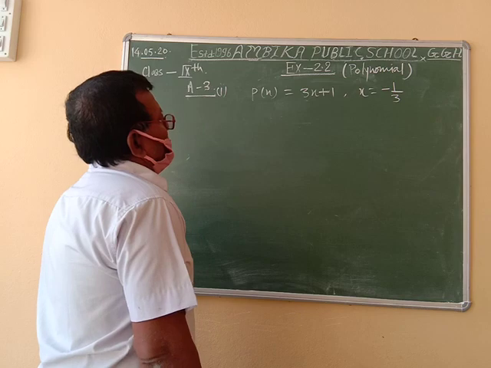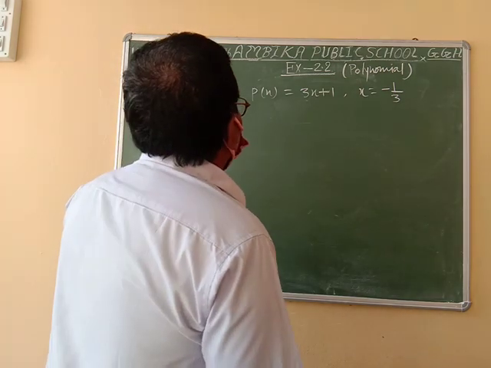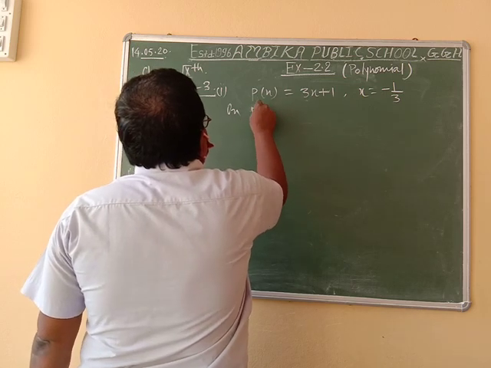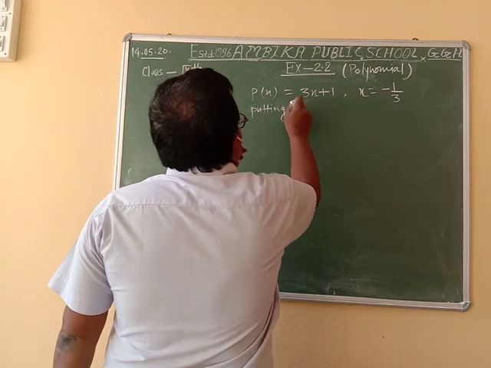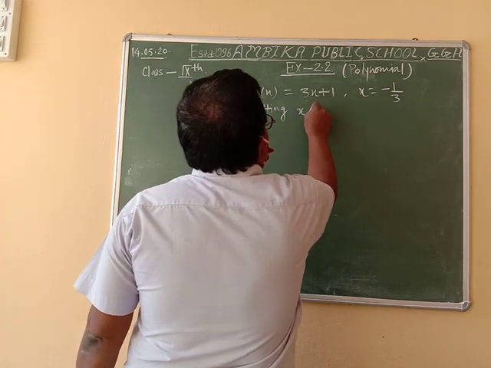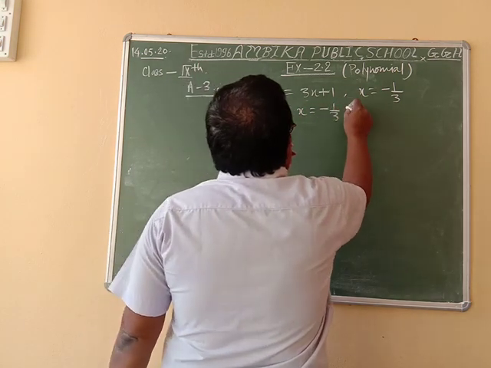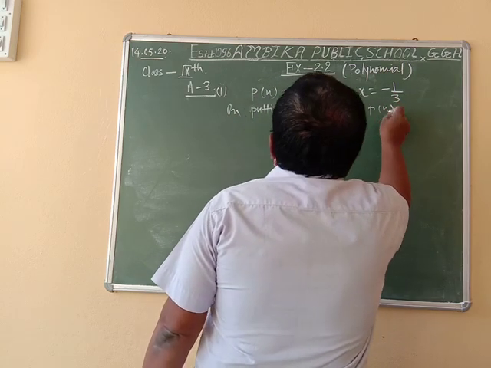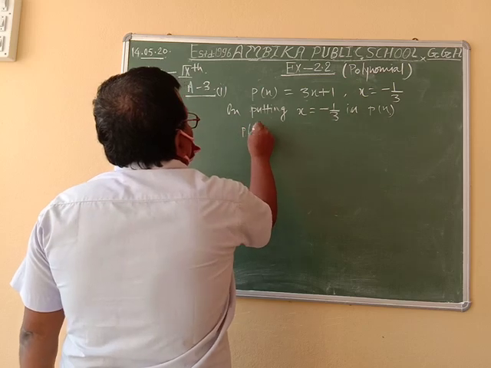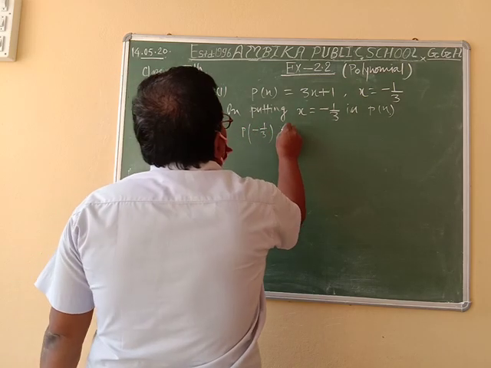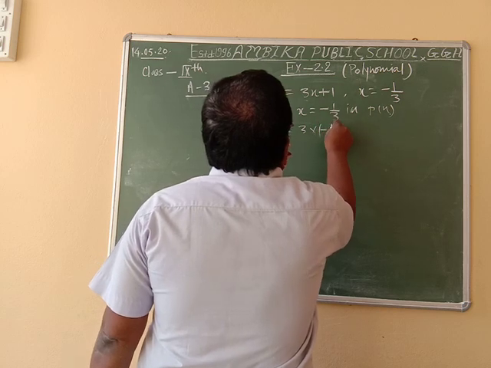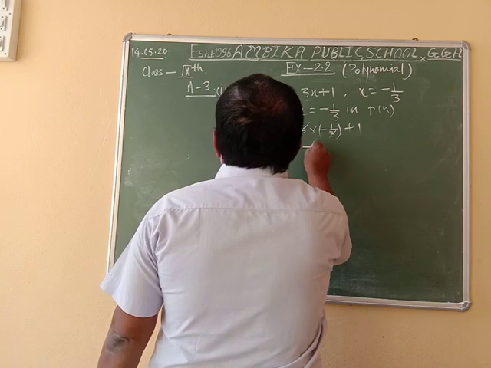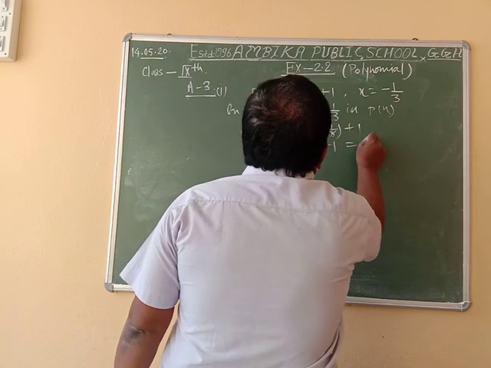So on putting x is equal to minus 1 by 3 in p(x), p(minus 1 by 3) is equal to 3 into minus 1 by 3 plus 1 is equal to minus 1 plus 1 is equal to 0.